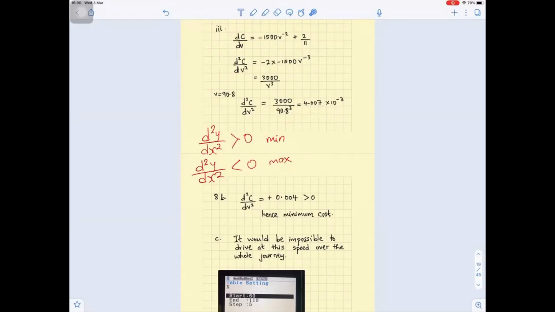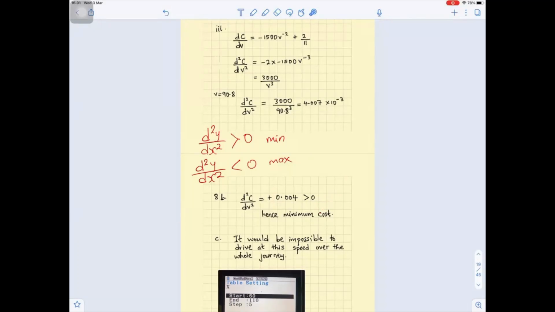So d squared C over dV squared is greater than 0, so you get a minimum. So that means d squared C over dV squared, you can write it as 0.004, which is greater than 0 because it is positive. Hence, it's the minimum cost.